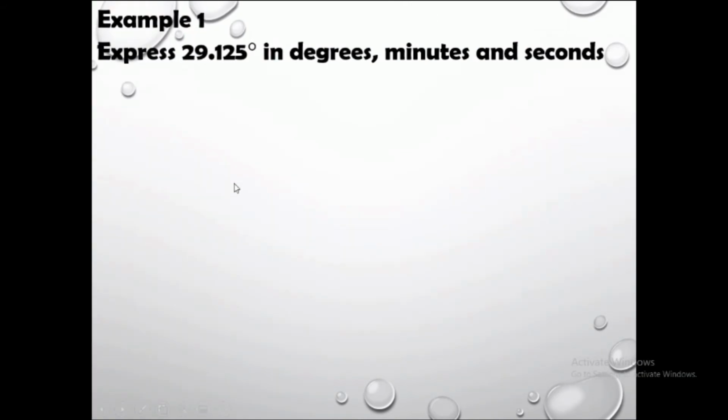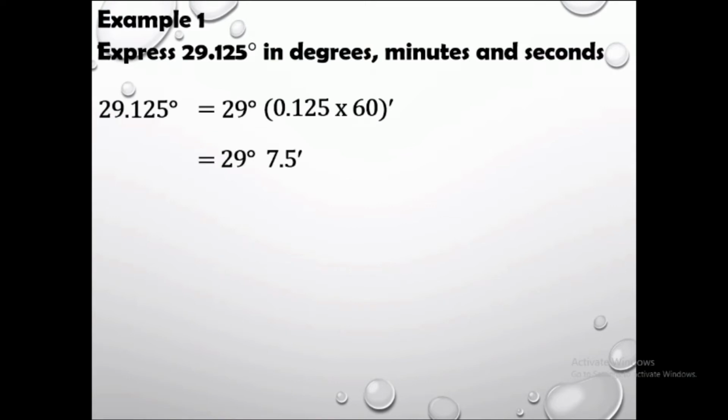Example number 1. Express 29.125 degrees in degrees, minutes, and seconds. For the degrees, use the whole number part of the decimal, so that is 29 degrees. For the minutes, multiply the remaining decimal by 60 and the product is 7.5 minutes.